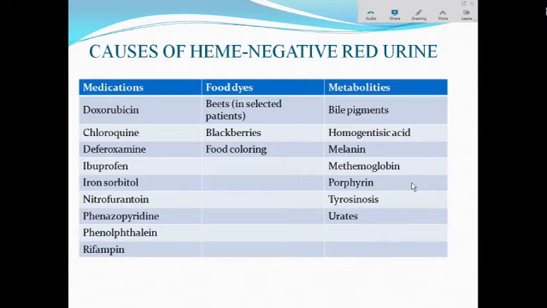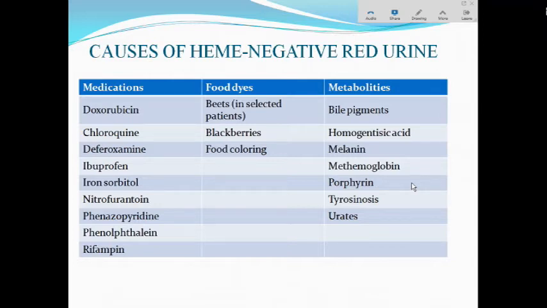So what are the causes of heme-negative red urine? Means it is not hematuria, but the urine color is red. This you should know. Good to know points: what are the medications which can cause discoloration of urine, like chloroquine, ibuprofen, nitrofurantoin, phenazopyridine. Phenazopyridine is a very commonly used drug for dysuria or burning micturition.